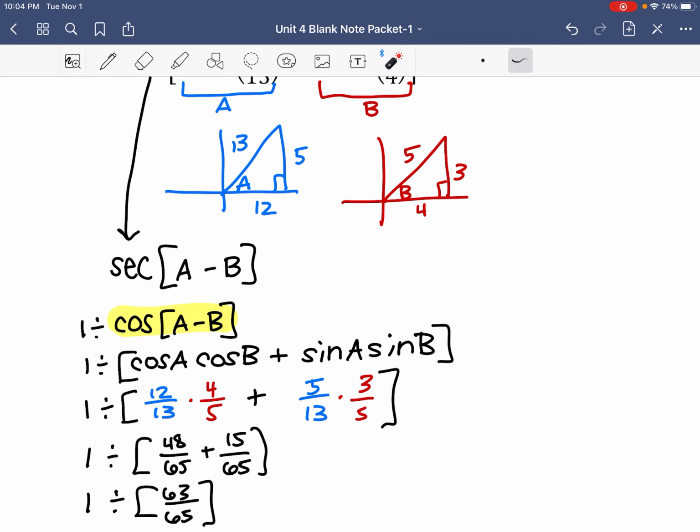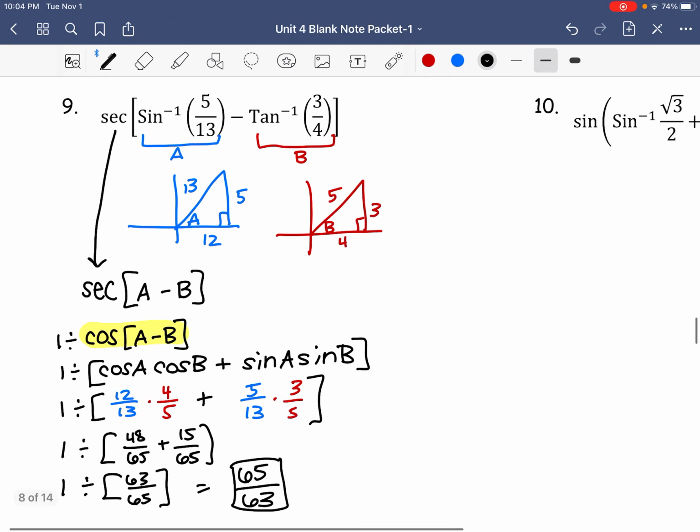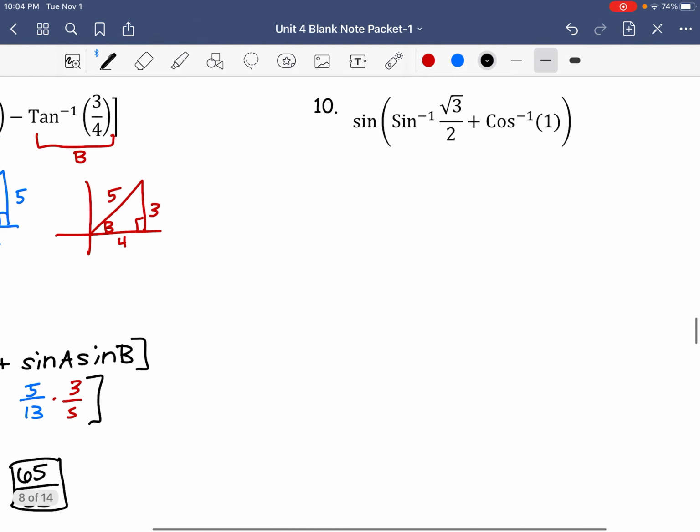I end up with 1 divided by 63 over 65. Since it's 1 divided by that, I'm just going to flip this into 65 over 63. Okay, number 10.